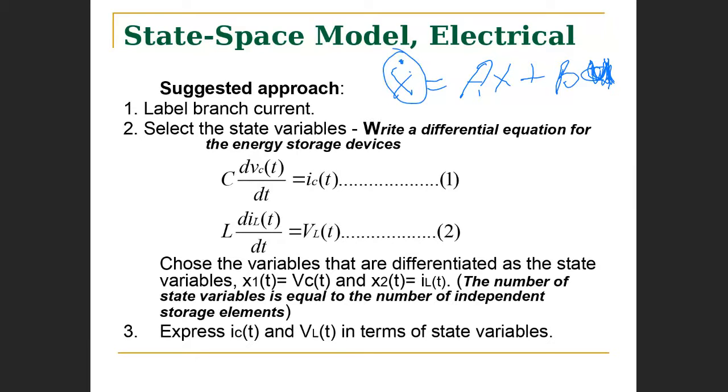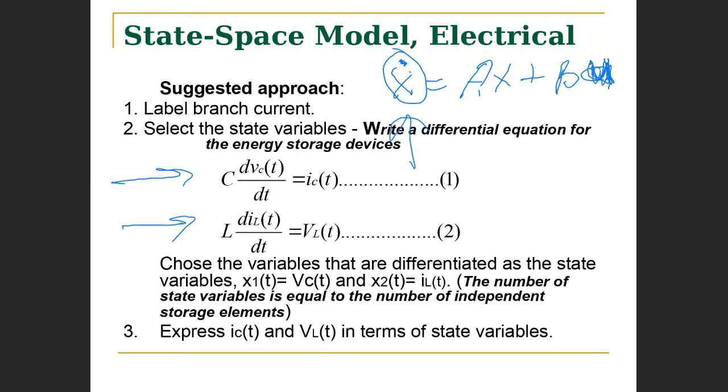The first derivative of the state vector. Correct. It's equal to a matrix that we don't know yet times the state vector plus B, another matrix, times the input. All right, good. So what I'm trying to get you to appreciate is that if you select the state variables as the terms differentiated here and here, we are already on our way to achieving this.